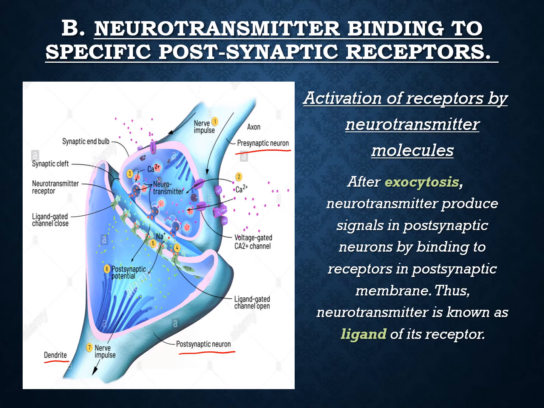Now we are going to cover activation of receptors by neurotransmitter molecules. After exocytosis, which means the release of the neurotransmitter from the presynaptic neuron, neurotransmitters produce signals in postsynaptic neurons by binding to receptors in the postsynaptic membrane. Over here in the postsynaptic neuron, the receptor molecules are present, and the neurotransmitter binds to them. Thus, the neurotransmitter is known as the ligand of its receptor.